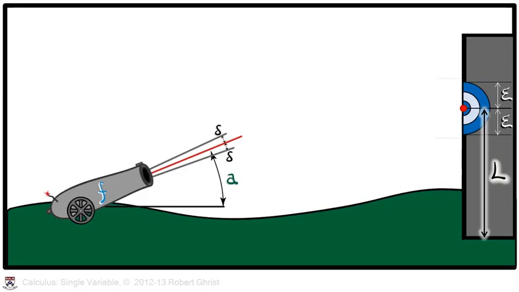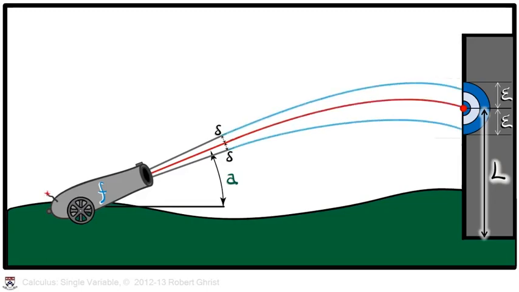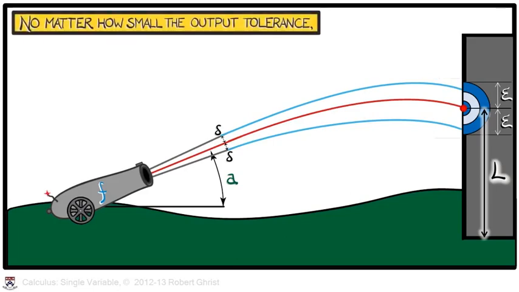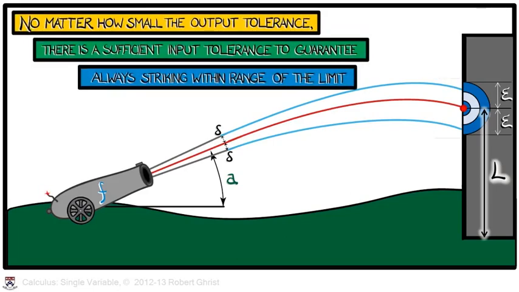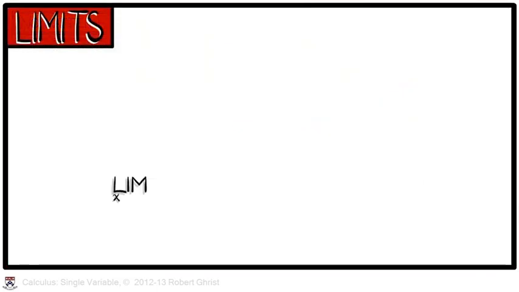In order to have the limit of f of x as x approaches a equals L, anything within the input tolerance has to hit the target within the output tolerance. This must be true no matter how small the output tolerance, epsilon, is. You can find some sufficiently small input tolerance to guarantee always striking within range of the limit.